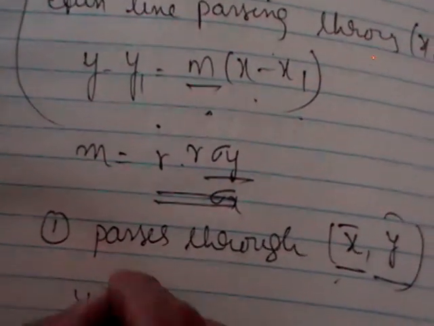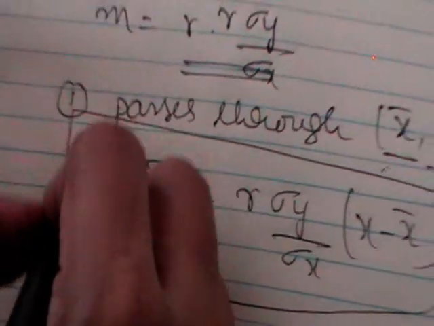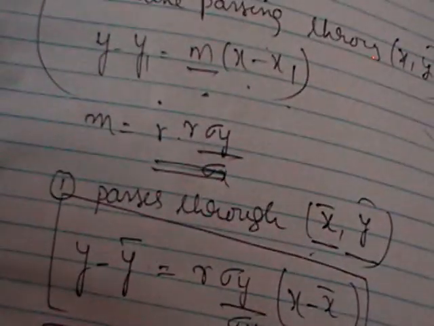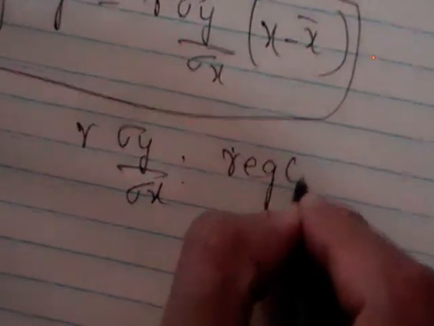The equation will be y minus y bar is equal to r into sigma y by sigma x into x minus x bar. This is called the regression equation of y on x, and this r into sigma y by sigma x is called the regression coefficient of y on x.